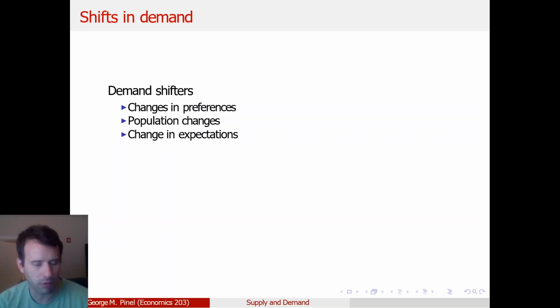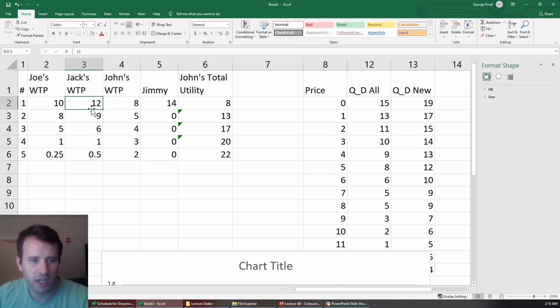What else? Changes in the price of complements. So let's say you get a free ketchup packet for your hot dog. Your willingness to pay might not be affected too much, but let's say you have to pay for ketchup and mustard.